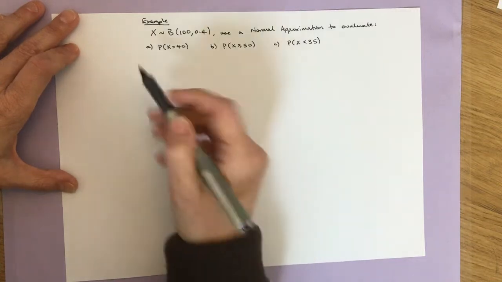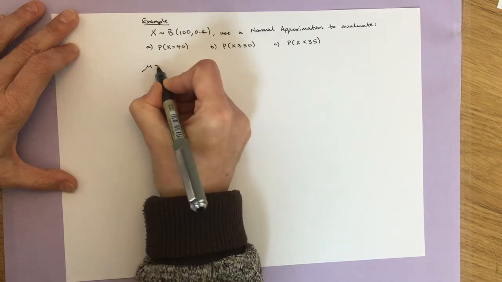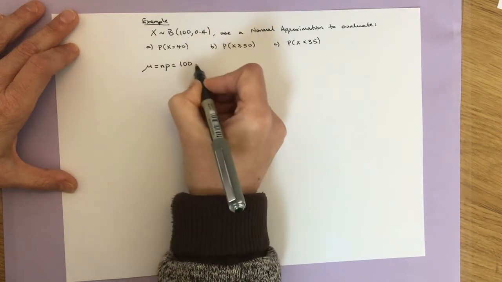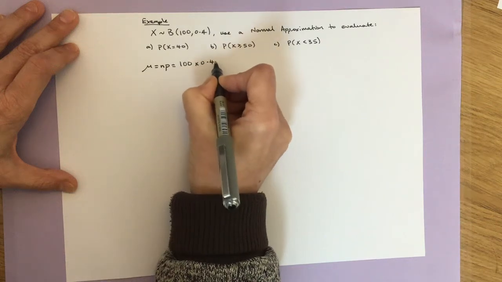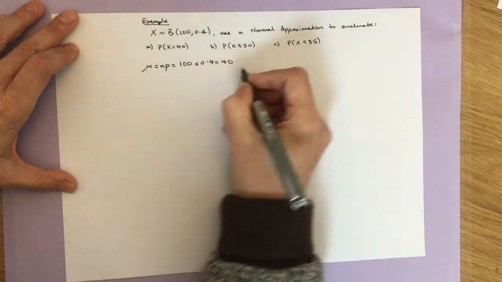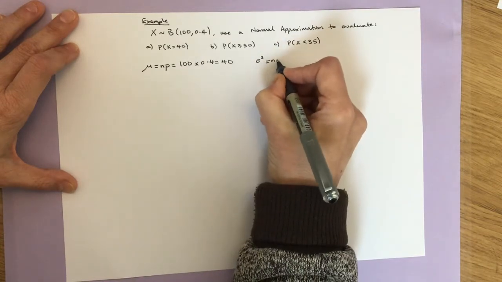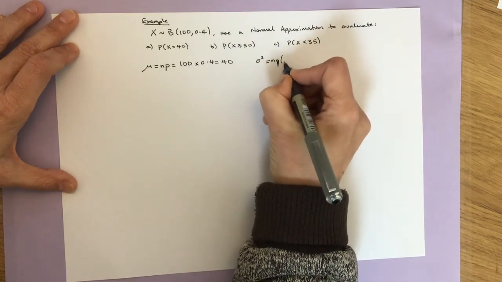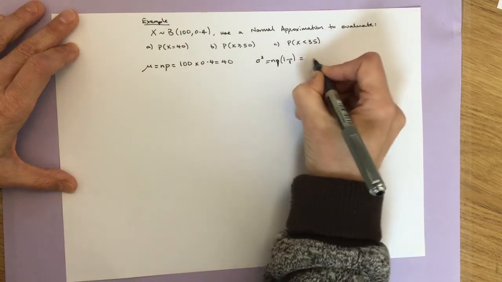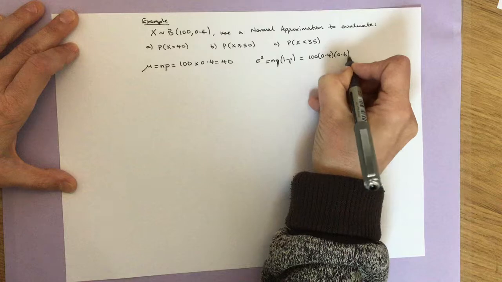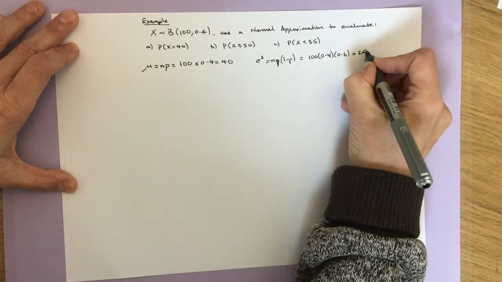Okay, so the first thing we need to know is the mean, mu. Well, that's going to be n times p, which in this case is 100 times 0.4, so that's going to give us 40. And we also need the variance, the standard deviation squared, so using that formula, np times 1 minus p, 100 times 0.4 times 0.6, that's going to give us 24.